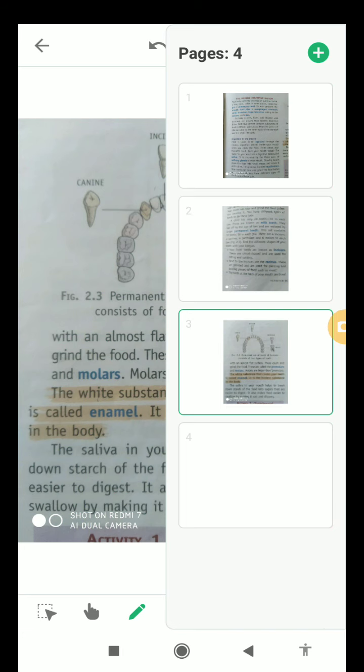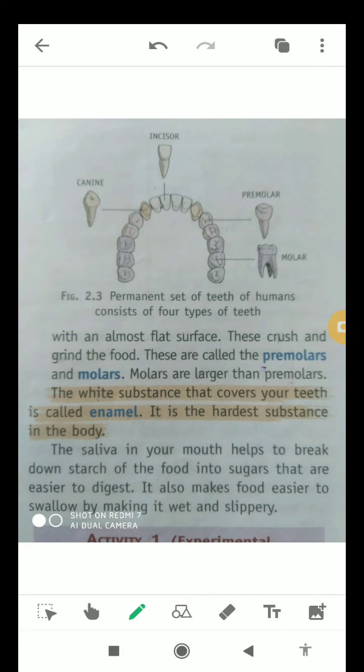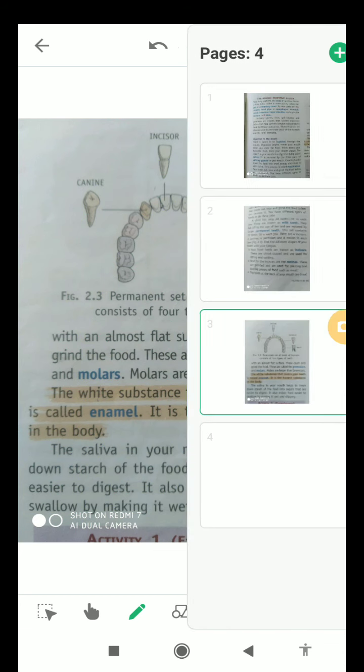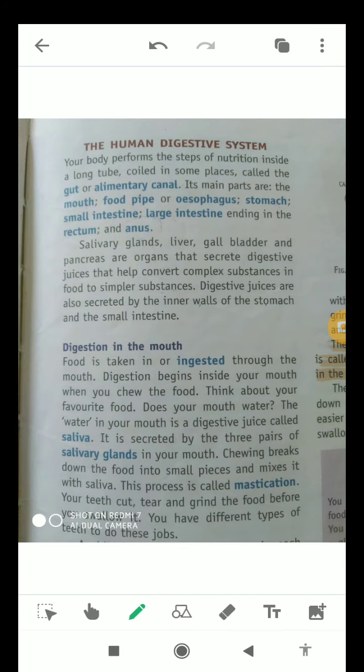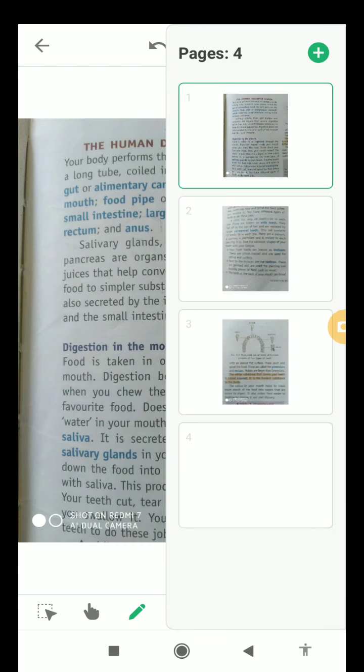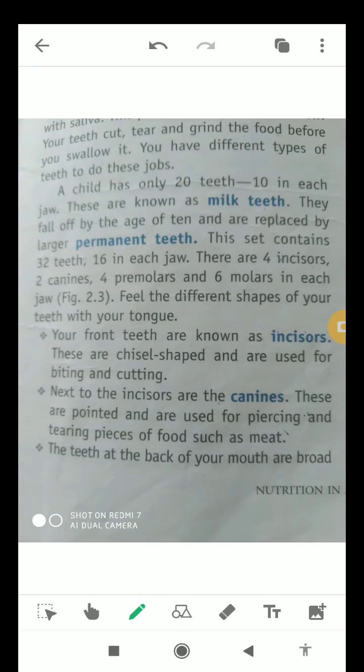Okay, students. Now I am hopeful that you will be able to tell about the human digestive system in detail, and also about how digestion takes place in our mouth, and what types of teeth are found in our mouth.